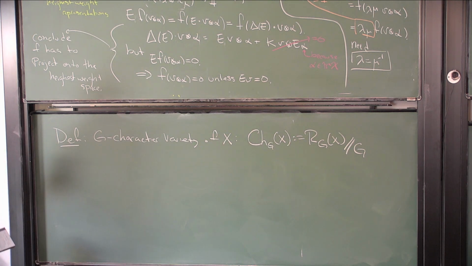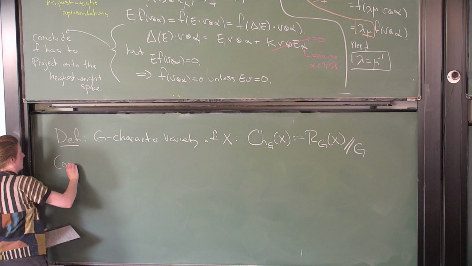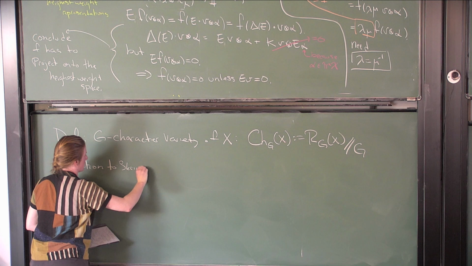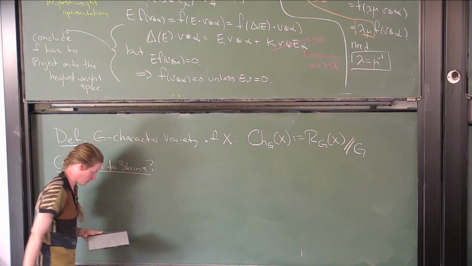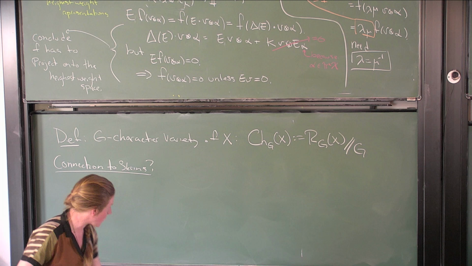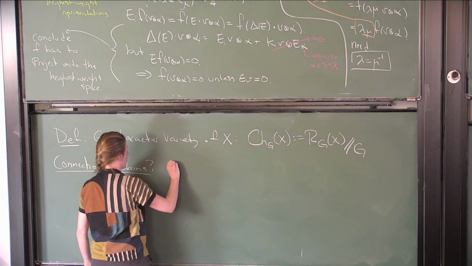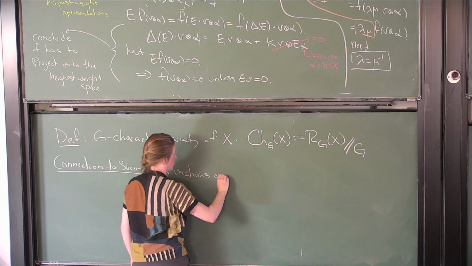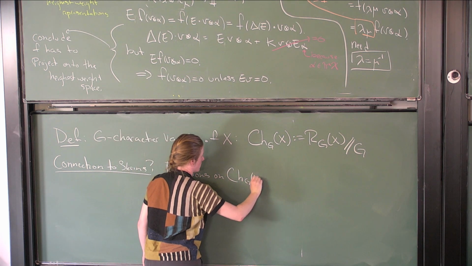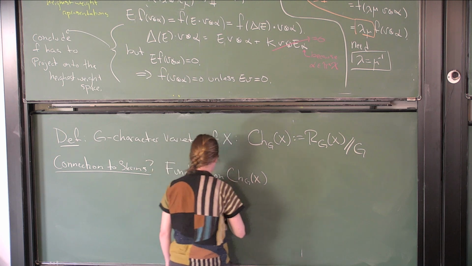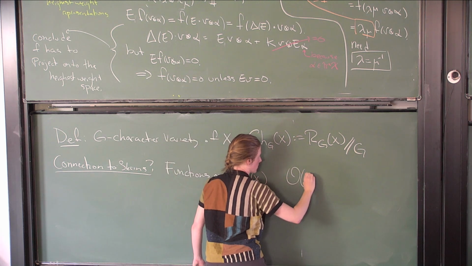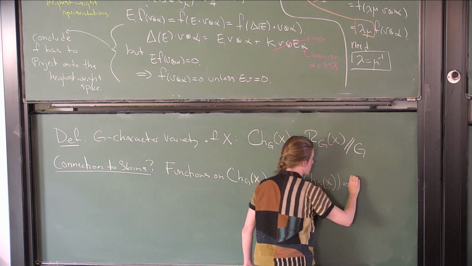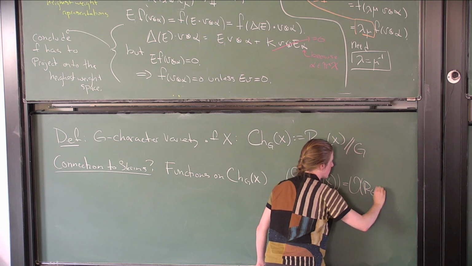Let's say what's the connection to skeins? The connection to skeins is exactly what we see when we start looking at functions on this character variety. First off, by definition, these are functions on the representation variety.